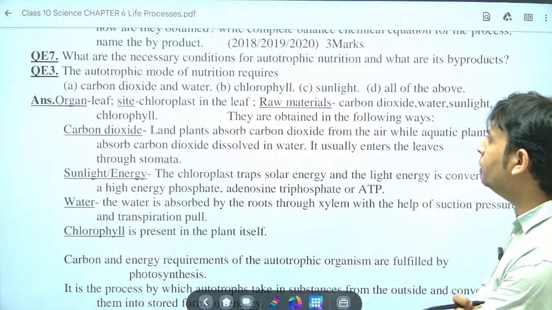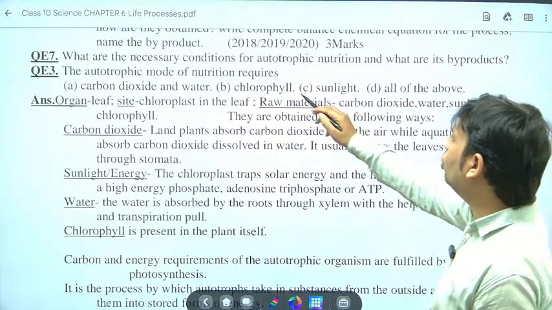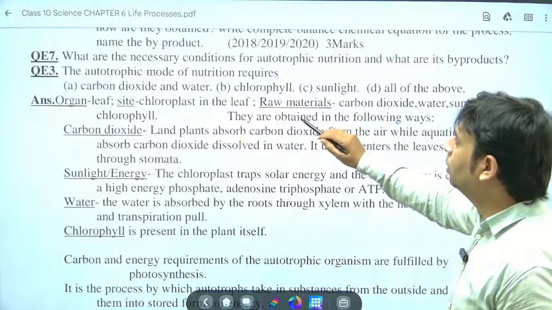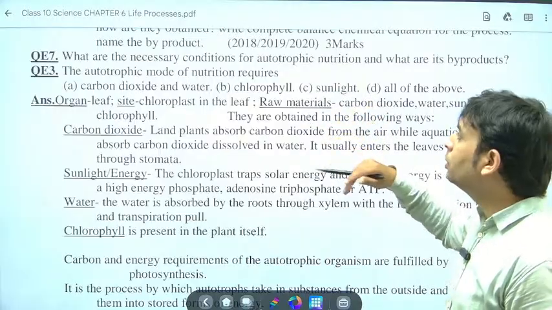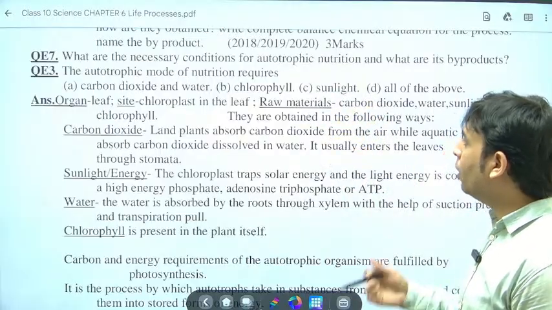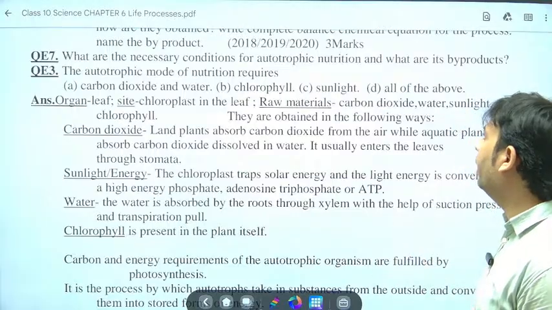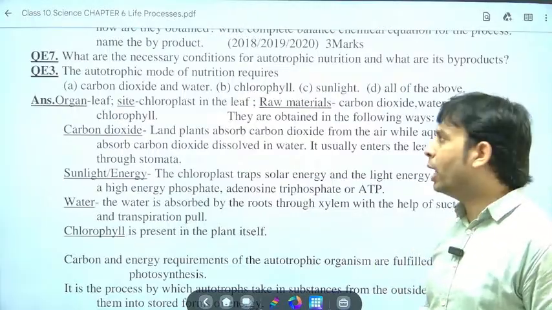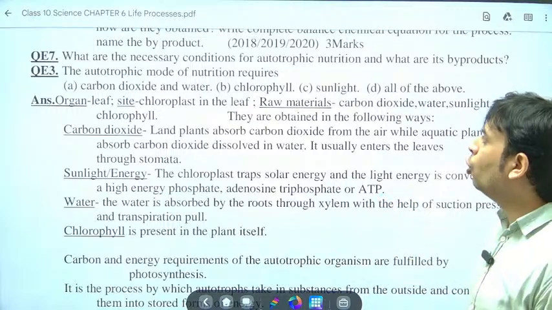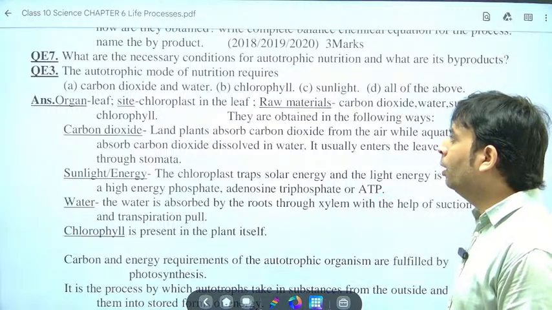So the answer to this question is that the autotrophic mode of nutrition requires all of these: carbon dioxide and water, chlorophyll and sunlight. All these are requirements of the autotrophic mode of nutrition.